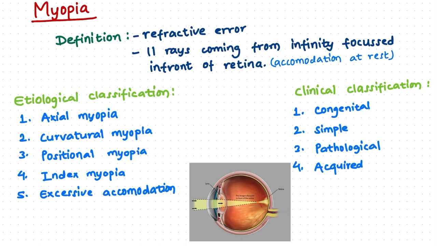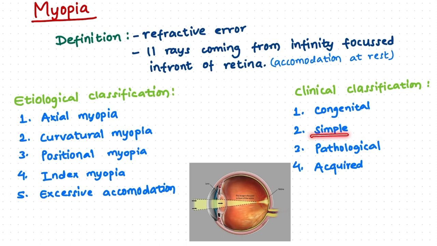What happens in congenital myopia is that the myopia is present since birth. It can be diagnosed a bit later, but the myopia was actually present from birth.